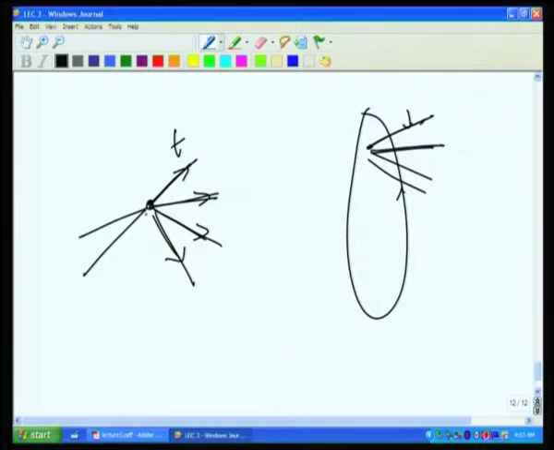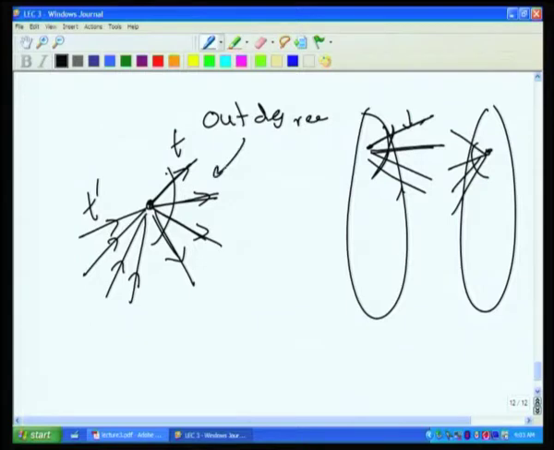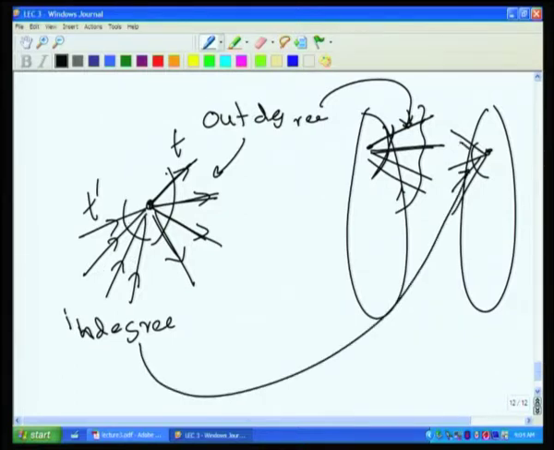Similarly, if there are some t' incoming edges to that vertex, the corresponding vertex here will have t' edges incident on it. So the degree of the vertices on the A side corresponds to the out degree, and the in degree, the number of incoming edges to that vertex, will correspond to the degree of the copy of it on the B side.